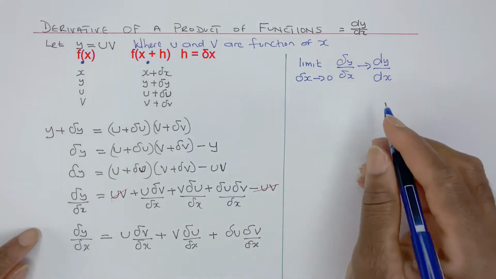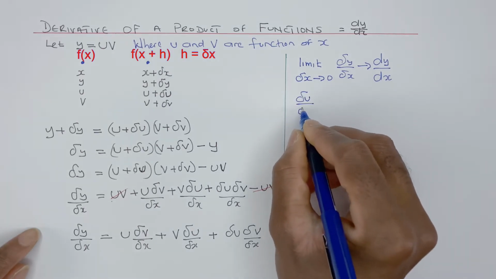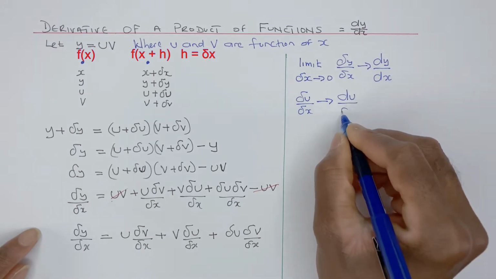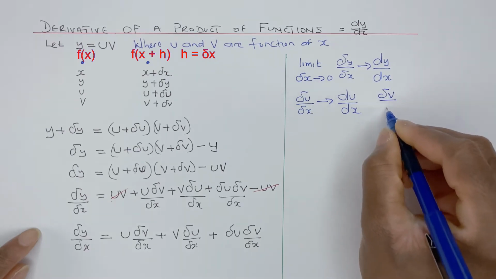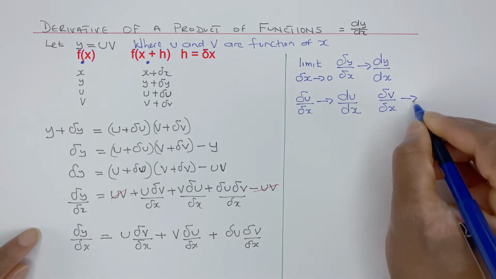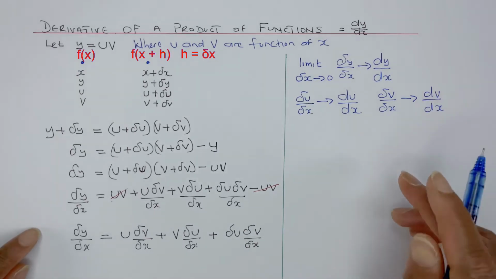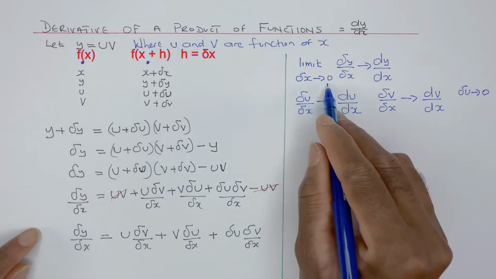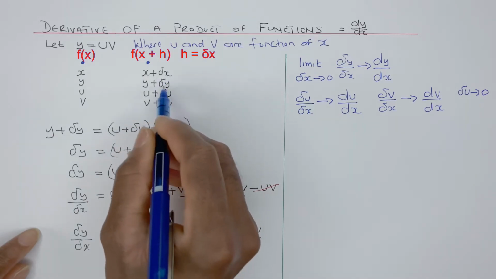That's the only time you can use dy/dx. At the same time, delta u over delta x tends to du over dx, and delta v over delta x also tends to dv over dx. We have delta u left, and delta u tends to 0 as delta x tends to 0, because the difference has to be small.